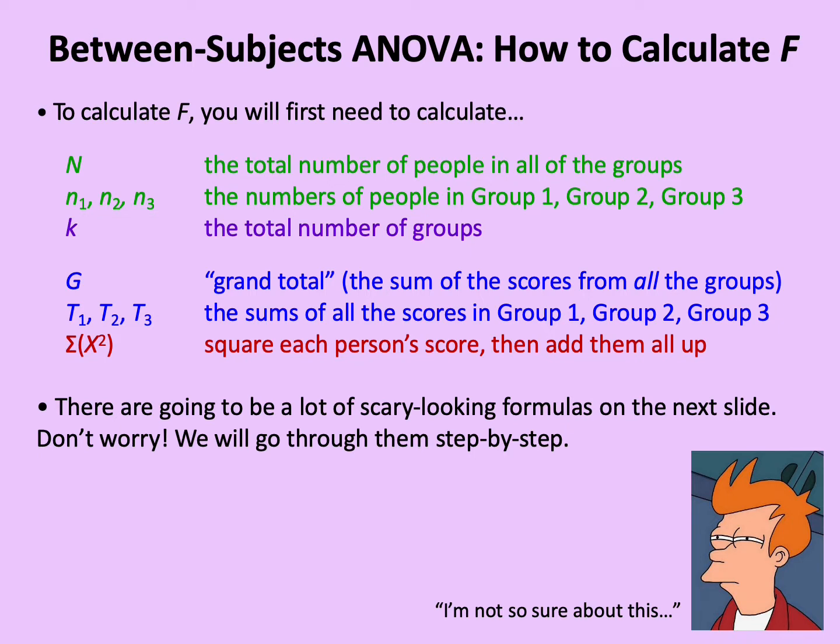All right, so hopefully that was fairly simple. Now let's move on to the notations in blue. We have capital G, and again, when you see a capital letter, you should think total: the grand total, or the sum of the scores from all of the groups.